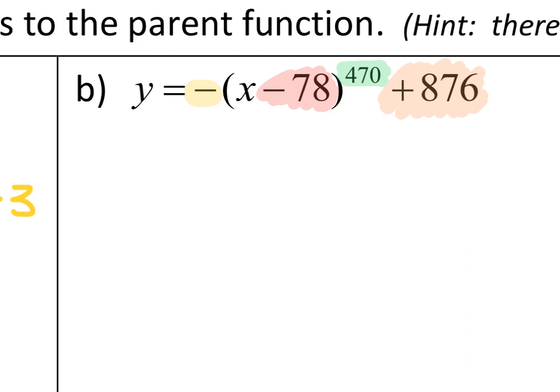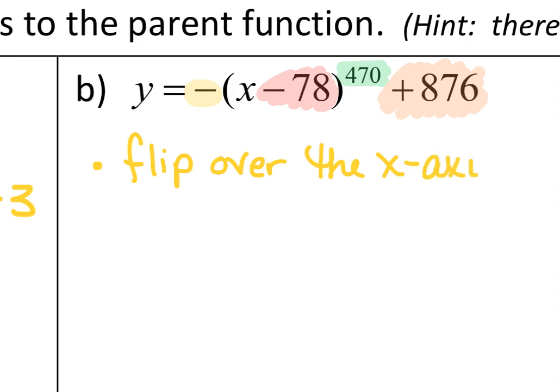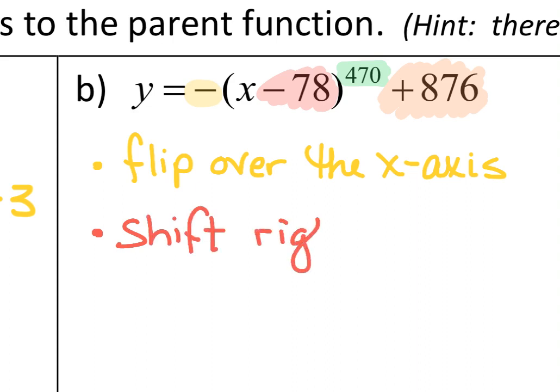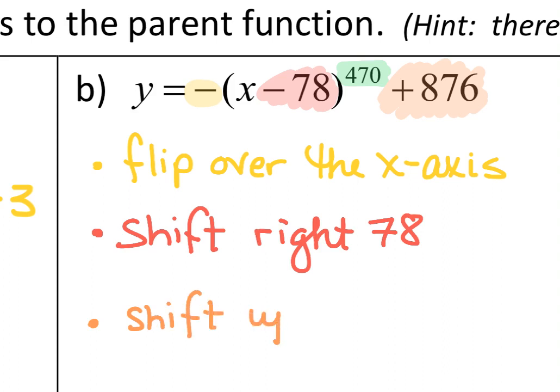And so here we're going to say that there's a flip over the x-axis, and that there is a shift to the right 78, and that there is a shift up 876.